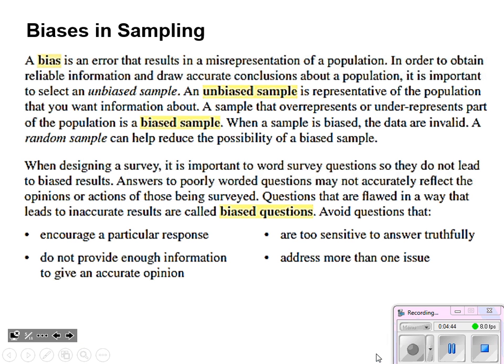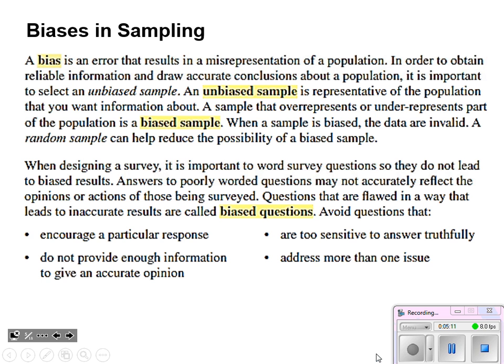All right, one of the major issues with taking a survey and using a sample is bias. A bias, I'm sure you've heard that word before, is the result of misinterpreting, or maybe your survey only includes people that have strong opinions one way or the other about something.